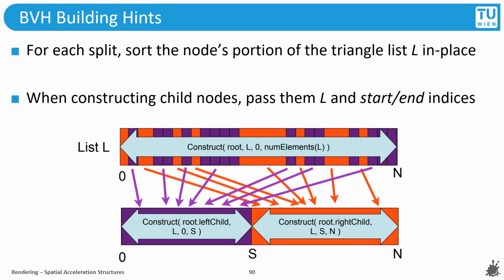And whenever a node performs a split, it rearranges the triangles within its assigned portion of that list, such that the two child nodes will find all of their entries that they need to work on in one contiguous block of memory. And that means that all we have to pass to those two child nodes in terms of parameters are a reference to that list that is globally available and the start and end indices that indicate which entries in that list that child node is responsible for.